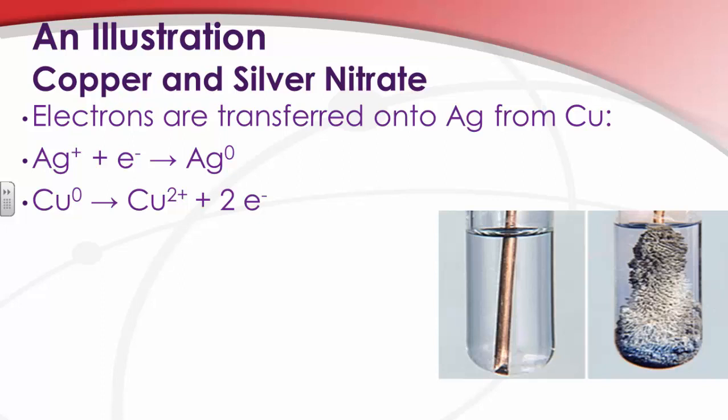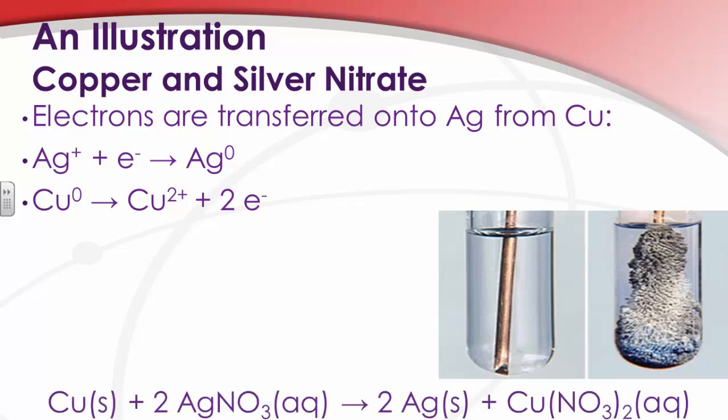And similarly, the uncharged copper is giving up electrons and going into aqueous form, into ionic form. But, once again, our overall reaction doesn't show these electrons at all. The electron transfer is hidden below the surface.